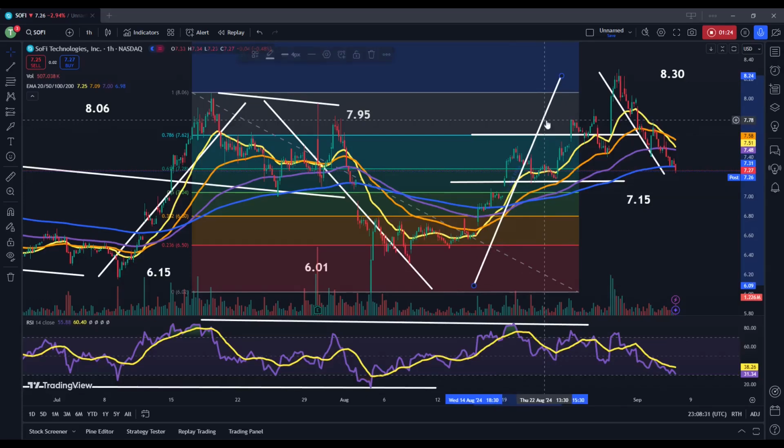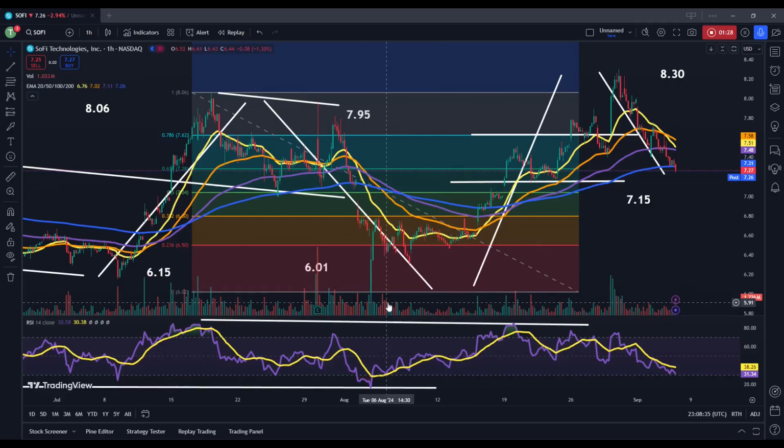Share prices did rally from roughly $6 to about $8.30, and in the process, we broke through a strange double top resistance zone right around the $8 mark. From there, the two main levels that I've been watching come in right around $7.60.